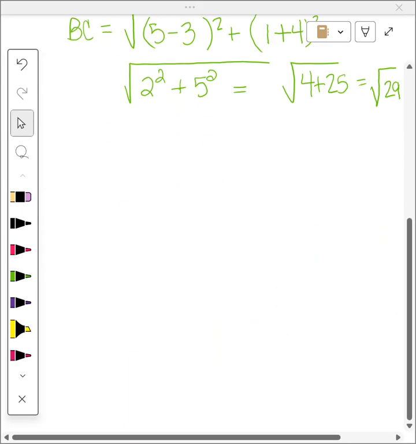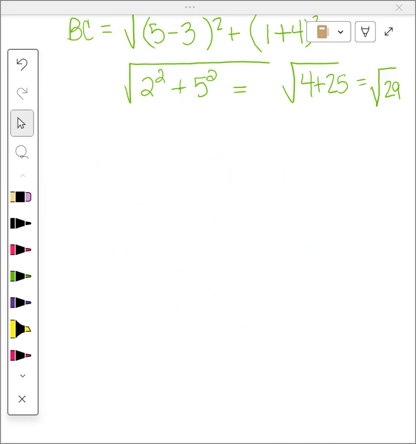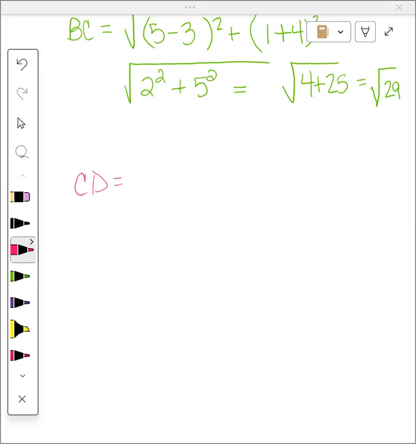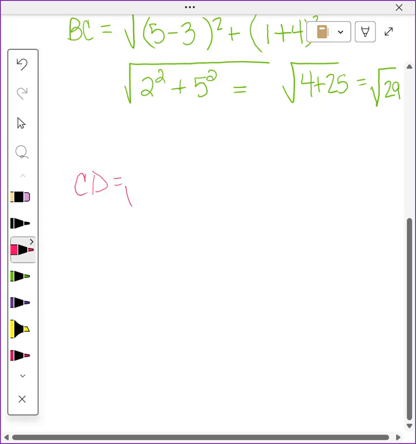Okay. Now I have to find the length of side CD. I'm going to use the distance formula again. I'm going to take the x coordinates and subtract them. 3 minus a negative 7, the quantity squared, plus the difference of the y coordinates.